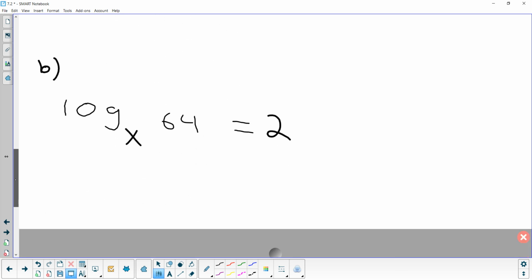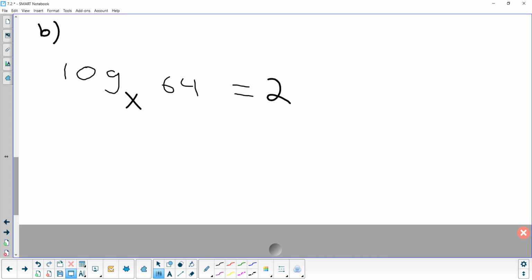All right, so let's try this one. A little different because now the variable is the base. The variable is not in the argument. So log base x of 64 equals 2. Autumn, what's my base in this case? x.